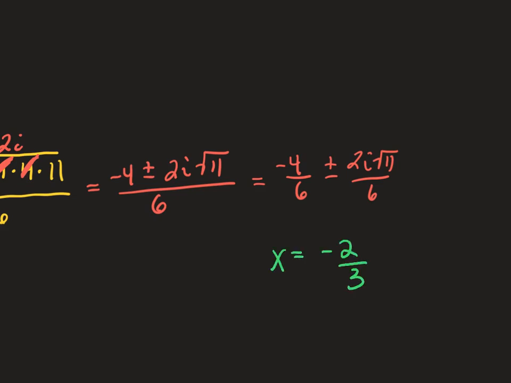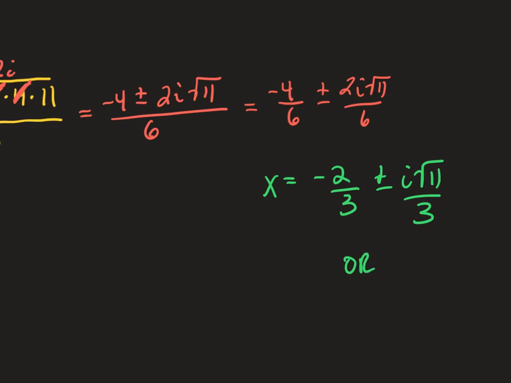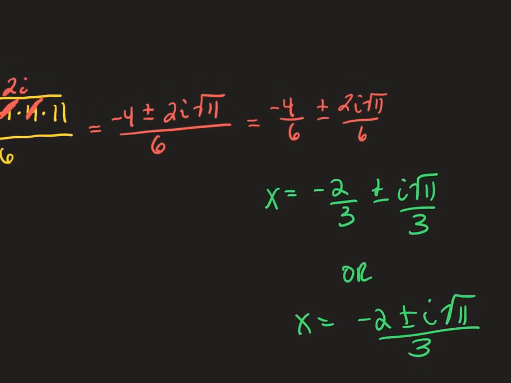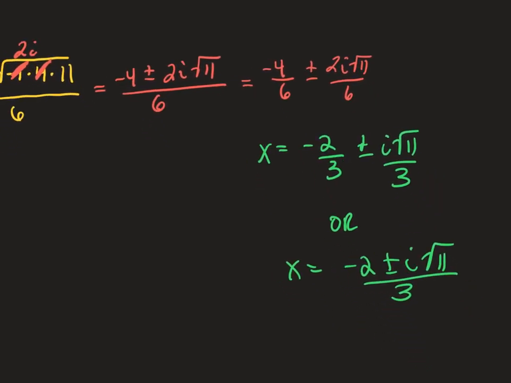Negative 2/3 plus or minus 2i root 11 over 6. Would the 6 cancel out with the 2? Yeah, that's why I separated it. So it would be i root 11 over 3. You can write it that way, or you can write it like this: negative 2 plus or minus i root 11 over 3, since the denominators stay the same. Either way works. I'm not exactly sure how WebAssign is going to want it.